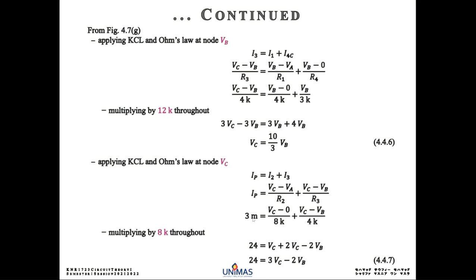IP is 3 milliamp. So I2 is VC minus VA over R2 and I3 is VC minus VB over R3. So you have another equation, okay, a relationship between VC and VB. 24 is equal to VC minus 3 and so on.